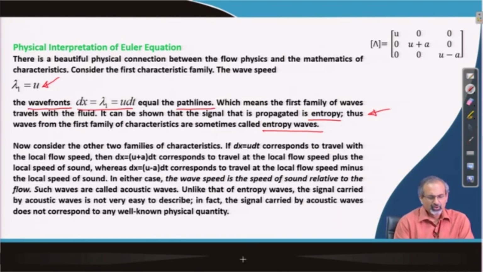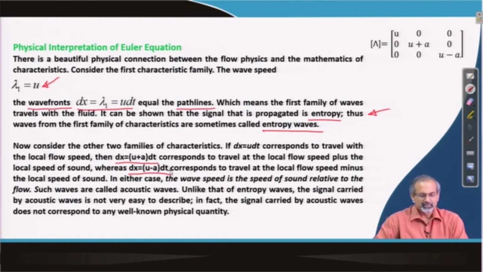Now, if you look at the other two families of characteristics, we find that their wave fronts will satisfy these equations. One will be dx equal to u plus a times dt, another will be dx equal to u minus a times dt.